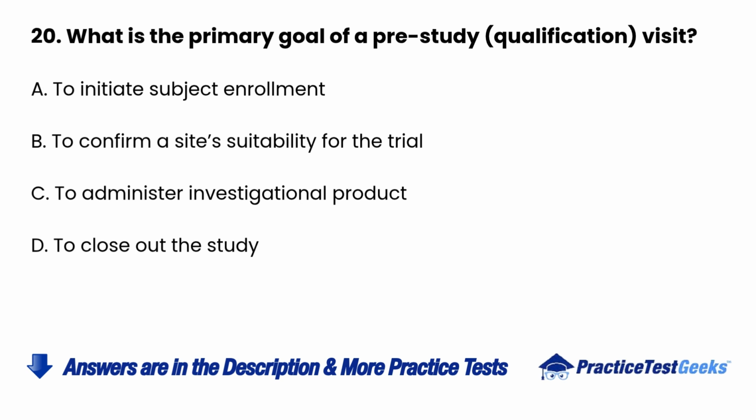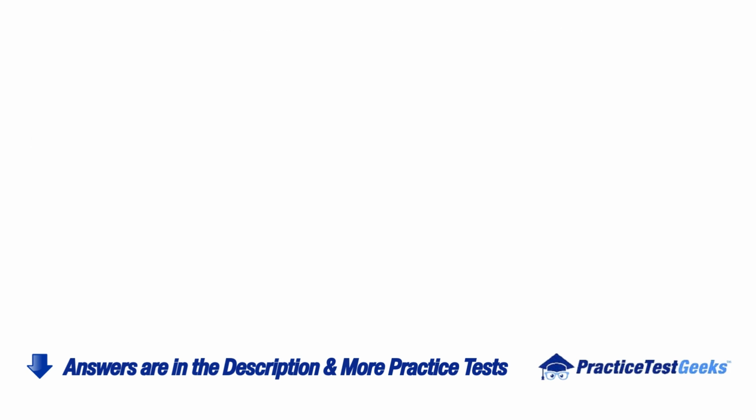What is the primary goal of a pre-study qualification visit? A. To initiate subject enrollment. B. To confirm a site's suitability for the trial. C. To administer investigational product. D. To close out the study.